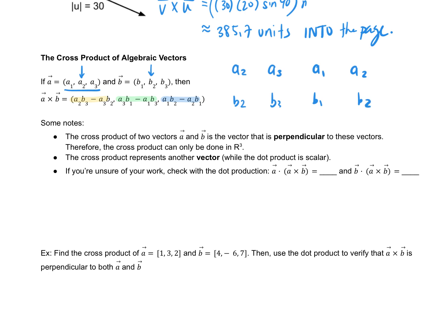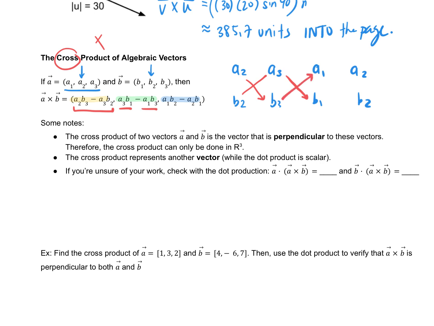And then cross product, cross like an X, that's what I'm going to do. a2 times b3, b2 times a3. And look at that. That's what the x component is, but them being subtracted. So you're going to multiply your diagonals and subtract those values. Let's try again. a3 times b1, here it is, minus b3 times a1.